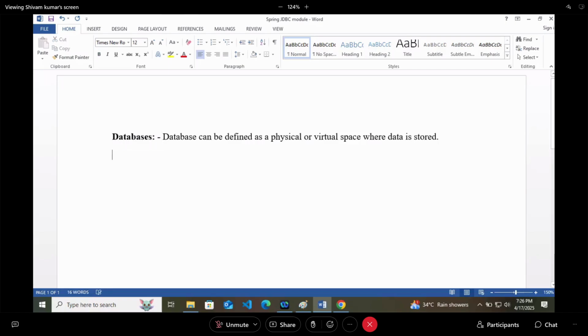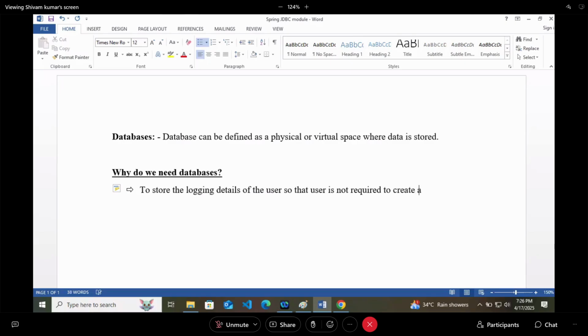Now, why do we need a database? This is the important part actually. Why do we need databases? The first thing: to store the login details of the user, so that the user is not required to create a new account every time.